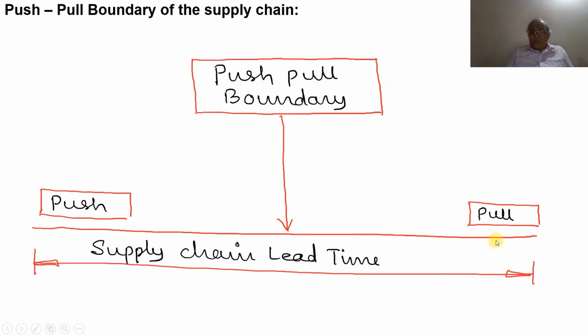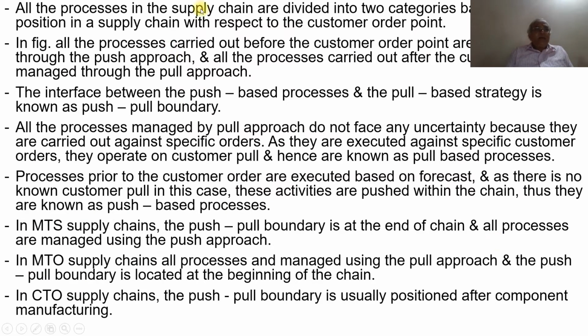Now, all the processes in the supply chain are divided into two categories based on their position in the supply chain with respect to the customer order point. In the figure, all the processes carried out before the customer order point are managed through the push approach.